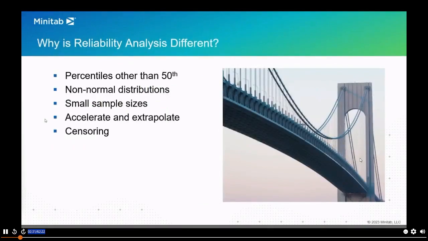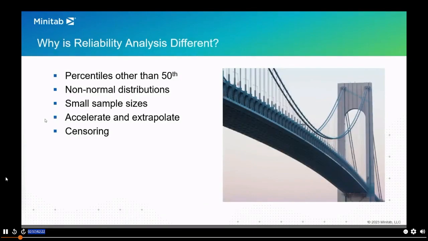But reliability gets some special techniques that are important to some of the problems that come up in this area. For example, most of the time when we're looking at statistical techniques, we're focused on the mean or the 50th percentile. We're often talking about a normal distribution. We might have reasonable sample sizes and we see all of our data.